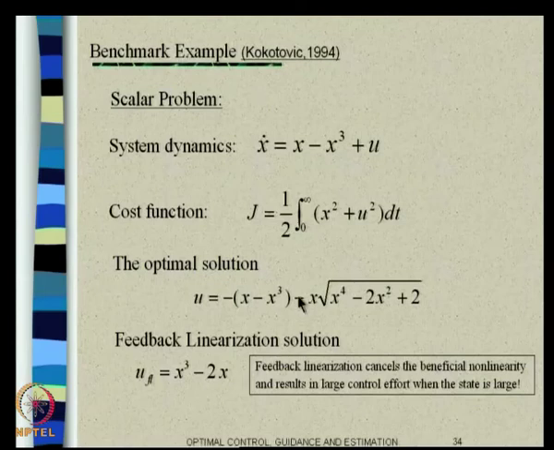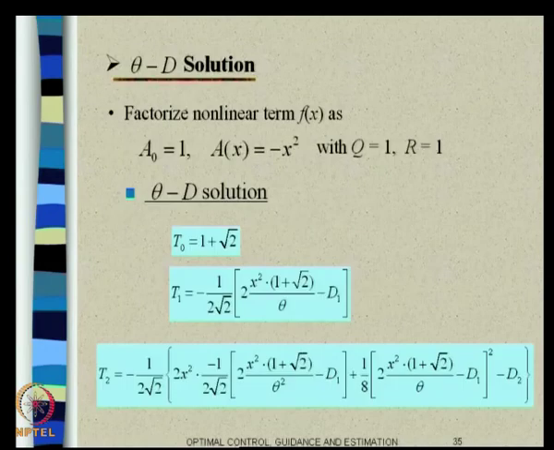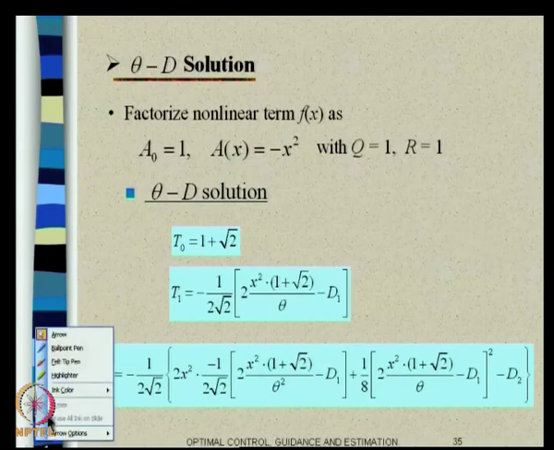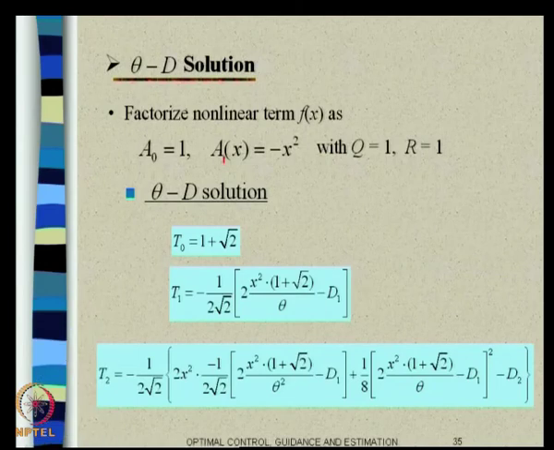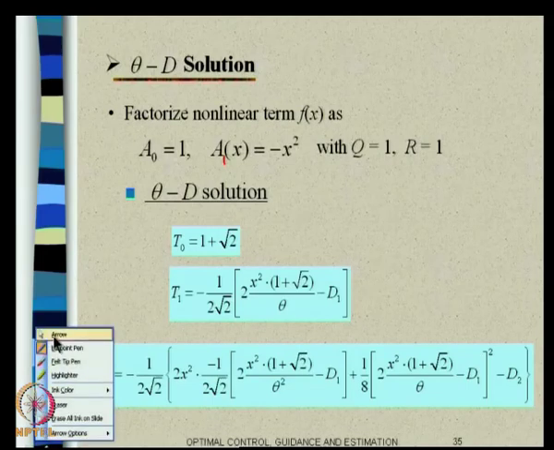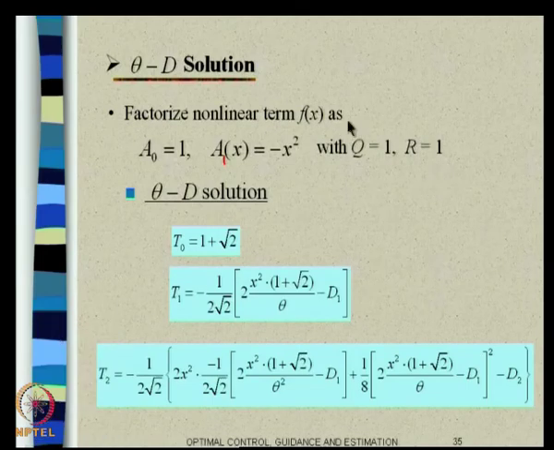Now, the question is, does theta-D also give us the same sort of result? It happens to be yes, because now you can decompose it very easily. A0 is 1, remember the A matrix in SDRE was 1 minus x square, that gives us A0 equal to 1, and then A1 is minus x square, with q equal to 1 and r equal to 1.